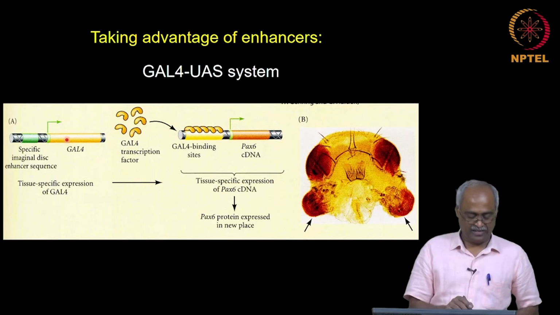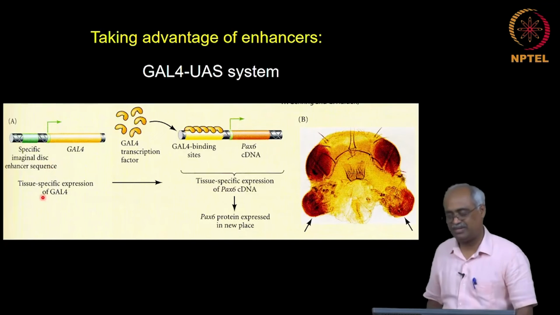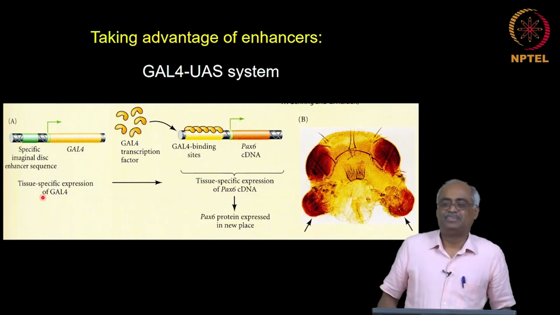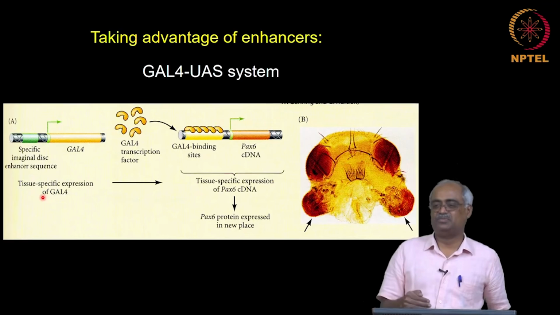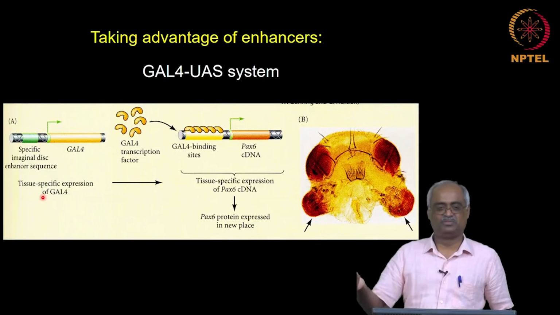Here, one strain is under the enhancer of a particular imaginal disc. I do not know how many of you know imaginal disc. Imaginal disc goes back to metamorphosis. Drosophila being an insect has a worm stage, a caterpillar sort of stage, from which the fly comes out, so there is metamorphosis.